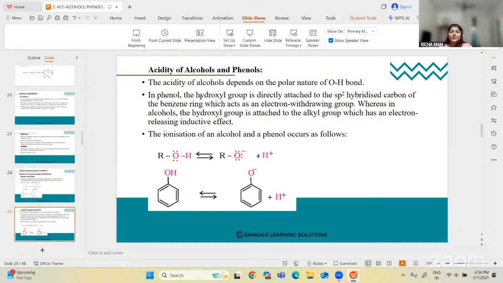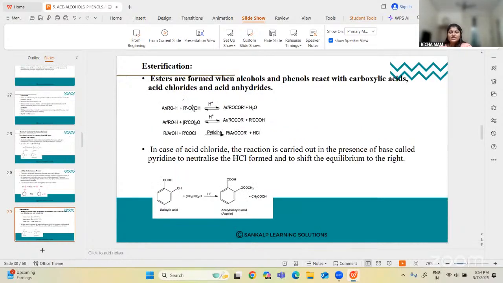Also, we have discussed the acidity of alcohols and phenols. Then we have seen the esterification reactions, three methods: when alcohol or phenol reacts with carboxylic acid, acetic anhydride, and acid chloride, you are going to get esters.